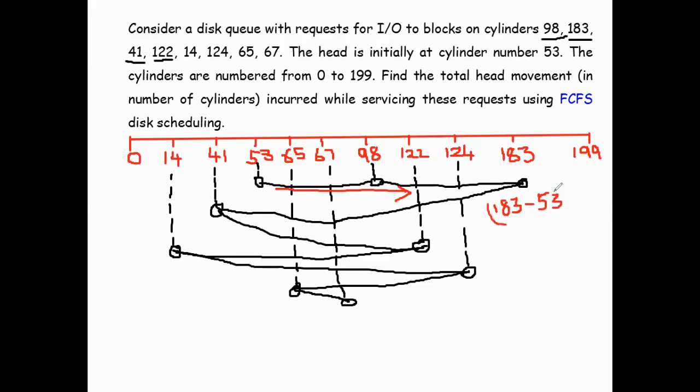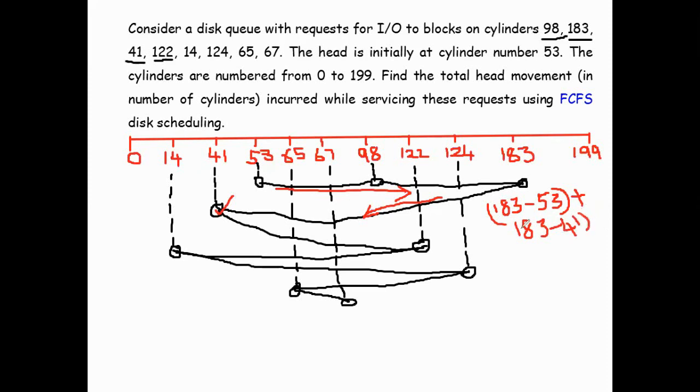Hence, subtract lowest value from the highest value. That is 183 minus 53. Then add this with the highest value minus lowest value in the other direction. So it will be 183 minus 41.